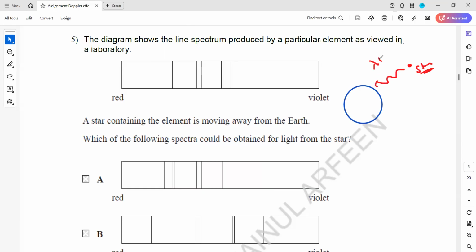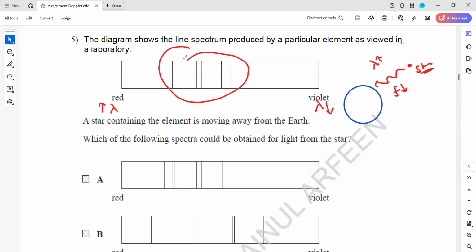The wavelength should increase and the frequency should decrease. Red has the longest wavelength in the visible spectrum, and violet has the shortest. The pattern will not change. The whole pattern will shift towards the red.